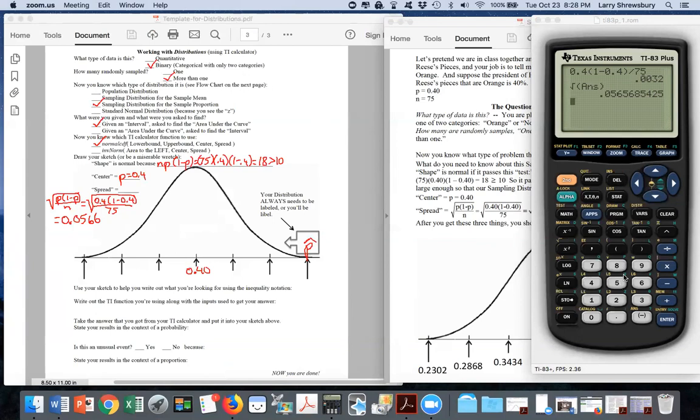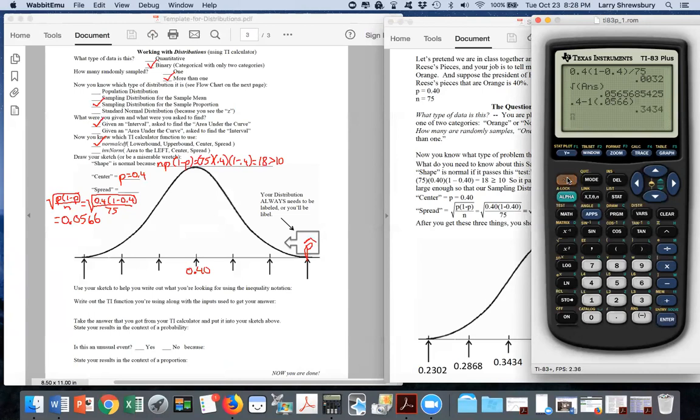So what we could do is go to our calculator, and I'll put in the 0.4, and we will subtract one of these standard errors. Now I'm going to put in 4 decimal places, but when I write it in, I'm just going to round to the second decimal place. That looks good.